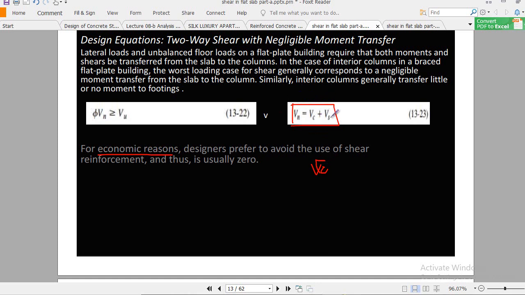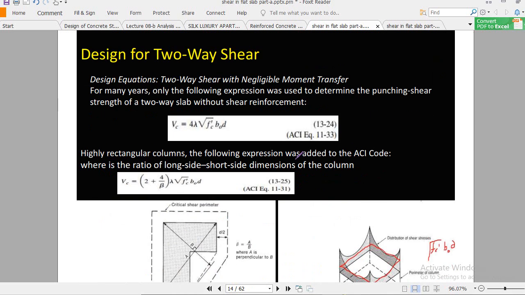And you already know the thickness of the slab is 7 inch, 8 inch, 10 inch, so it is very difficult to provide shear reinforcement in this narrow thickness. That's why designers suggest that you control the shear by Vc. If that doesn't control, then you go for the shear reinforcement.